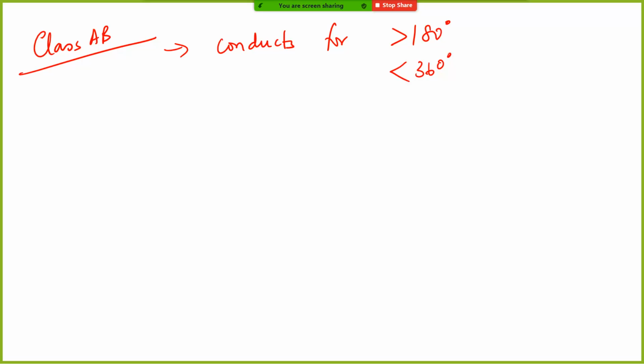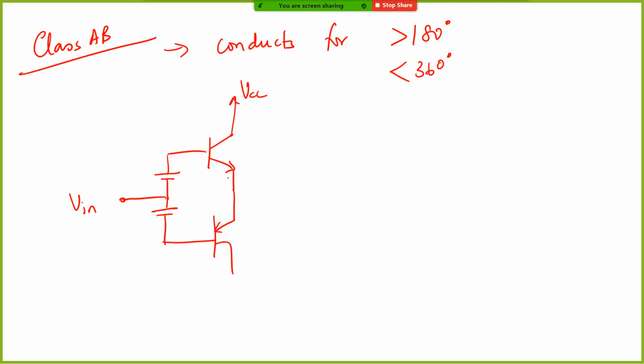Okay. Now you might say the solution to this crossover distortion is if you can add some voltage, right? Let's say our circuit can be modified to something like this. What have we done here? We have just added some VBE here, right? Just some potential which is enough to put the transistor at the edge of turning on, so that when the signal comes, it is on.